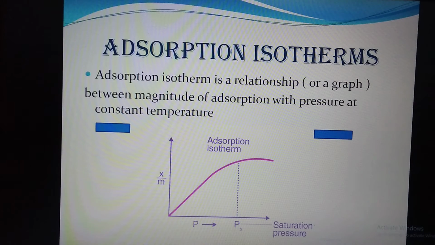The adsorption isotherm is a relationship or a graph between the magnitude of adsorption and pressure at constant temperature. Here you can see they kept the temperature constant, but they are changing the pressure.